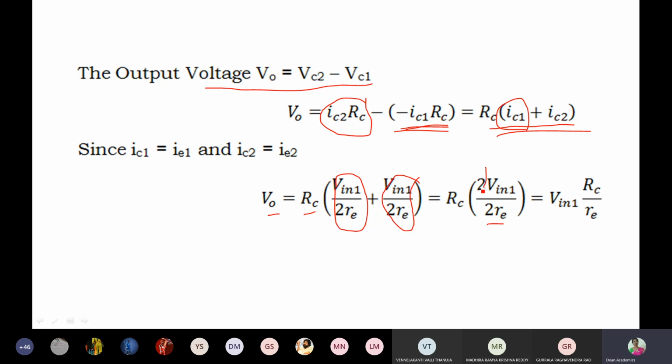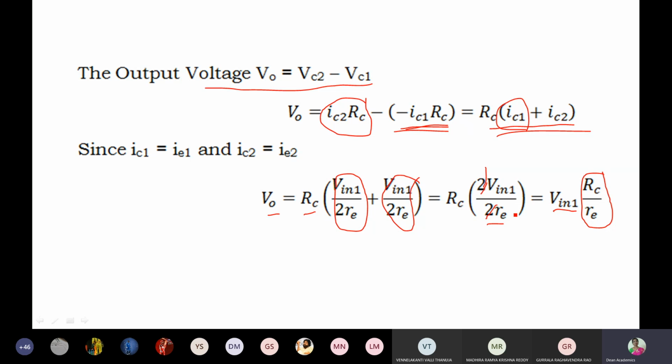Finally, V0 is equal to V in 1 into RC by RE. For a single input balanced output differential amplifier, output V0 is equal to V in 1 into RC by RE.